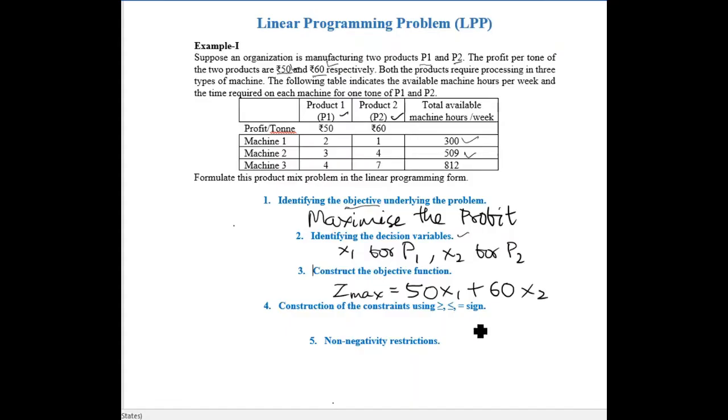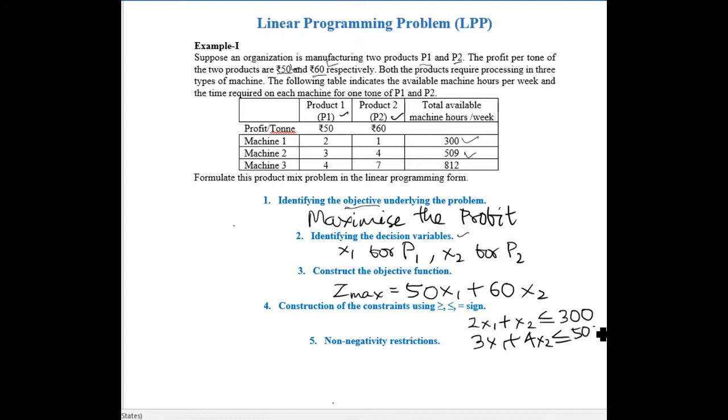How shall I write the constraints over here? 2x1 plus x2 less than or equal to 300. Then what would be next? 3x1 plus 4x2 less than or equal to 509.